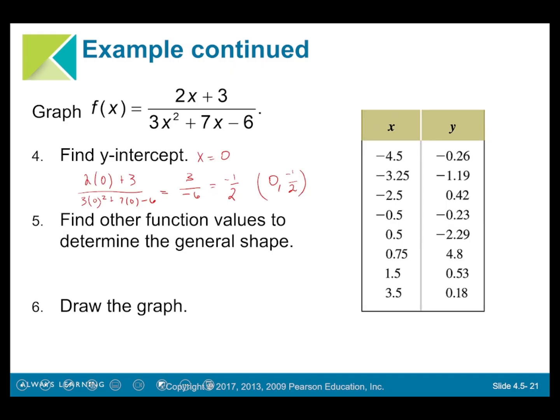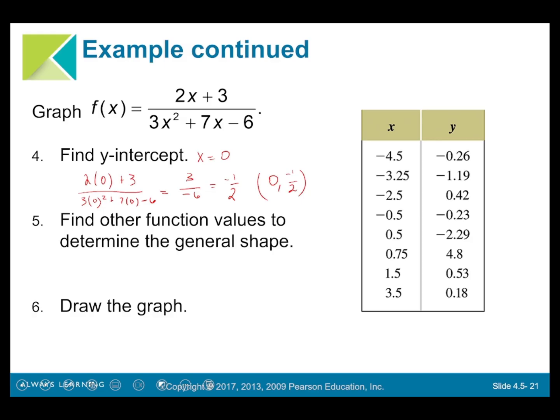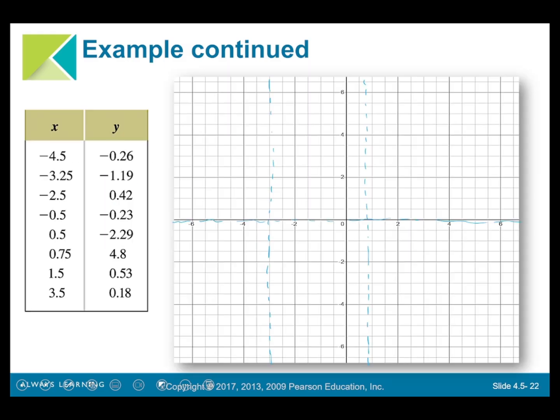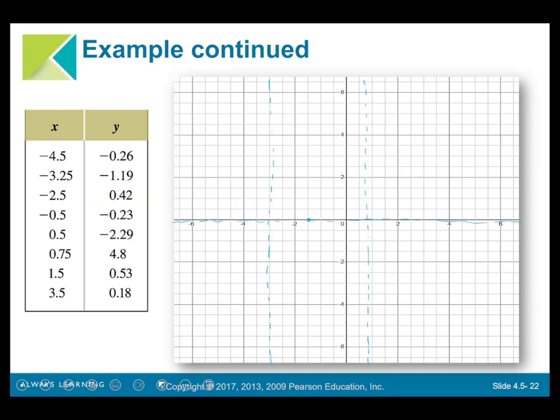And then going back again, we have negative 3 halves, comma 0, and 0, negative 1/2 as our points. So negative 3 halves, 0, and then the other one, 0, negative 1/2, right in here. So we should also see the graph crossing those points.